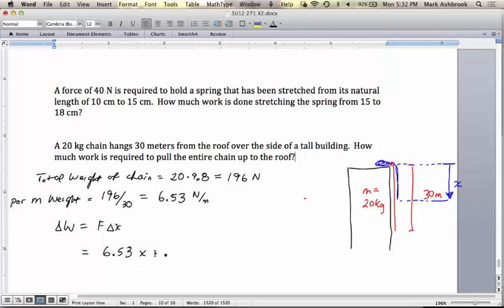Then we're going to multiply that times delta x, and that's going to be our little change in work. Then to get total work, we're going to take the integral from 0 to 30 of that.